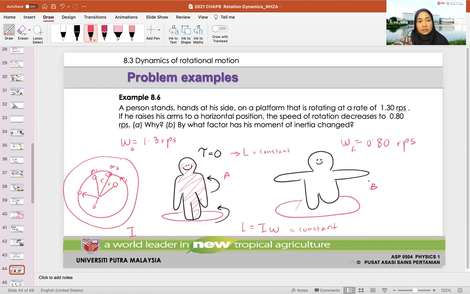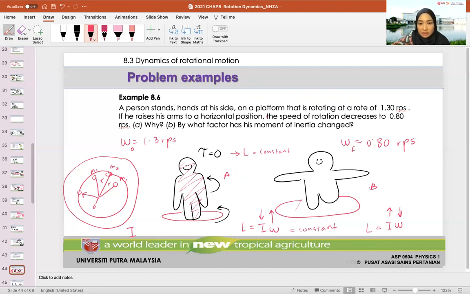If B has a bigger I and L needs to be constant, your omega has to decrease. If L is constant and this I is smaller, therefore your omega can be bigger to keep the L constant. Okay, so what is the question?